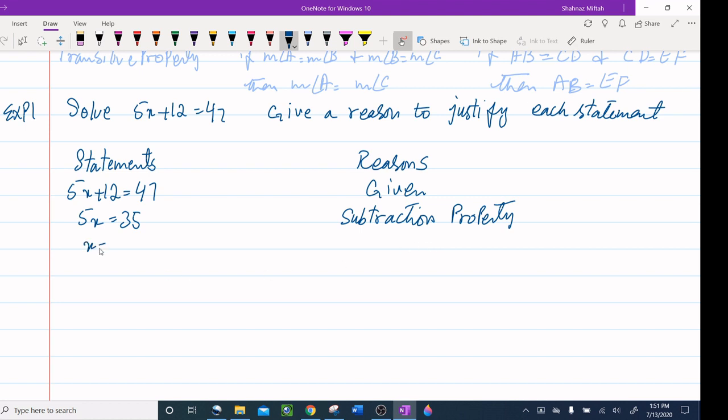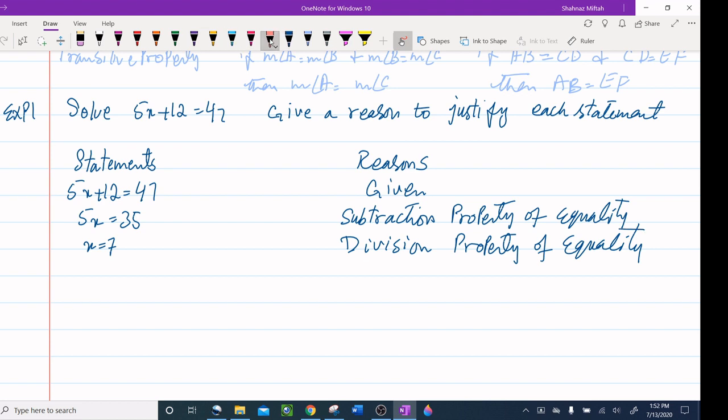Then I have x equals 7. How did I get x equals 7 from 5x equals 35? I divided both sides by 5, which means the division property of equality.